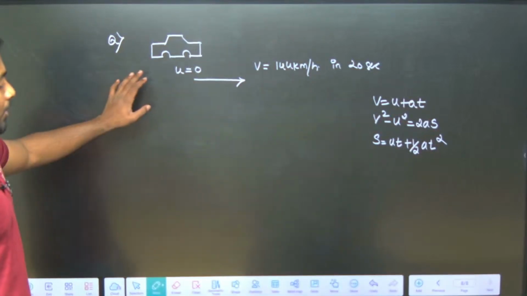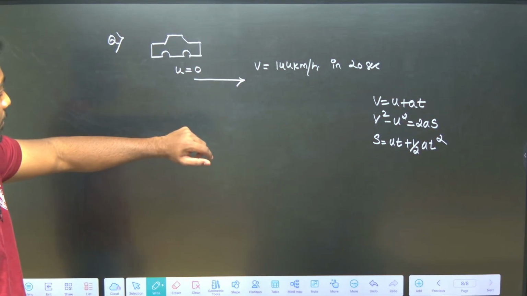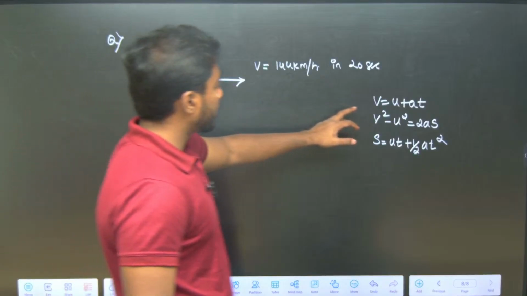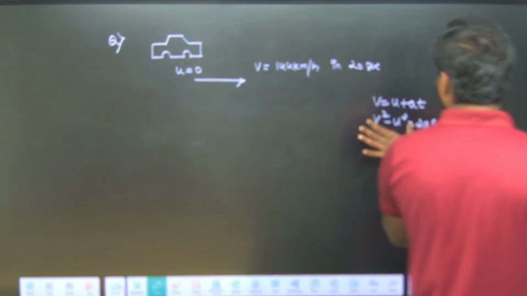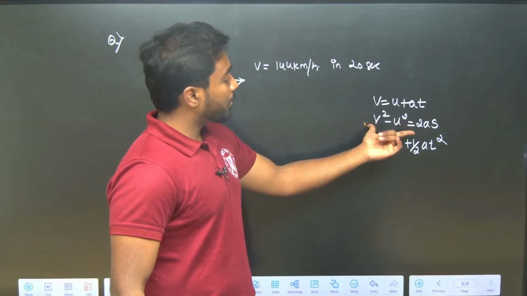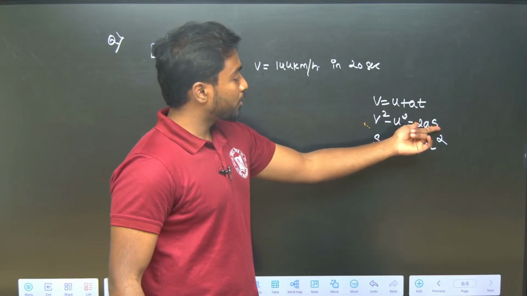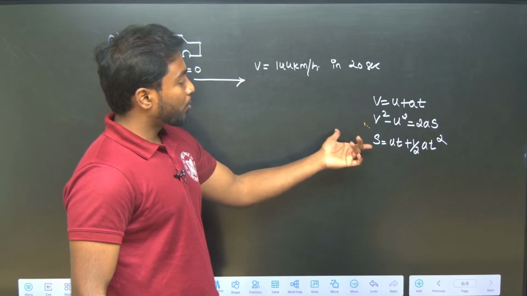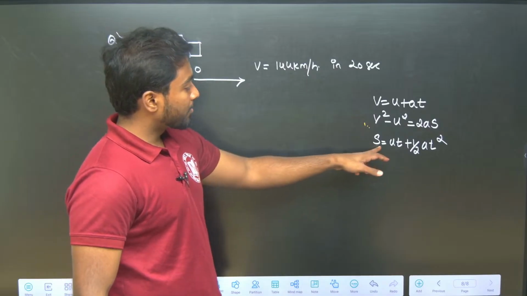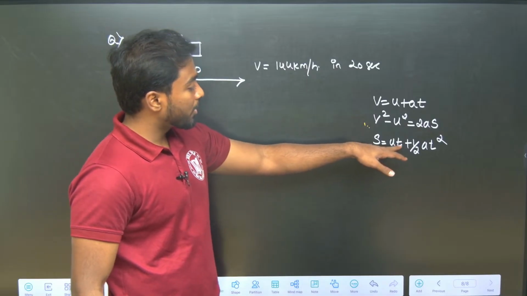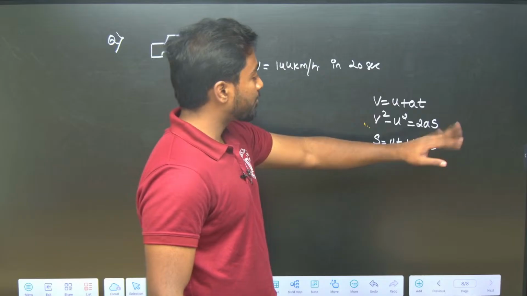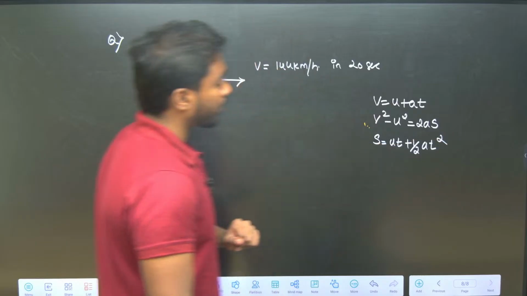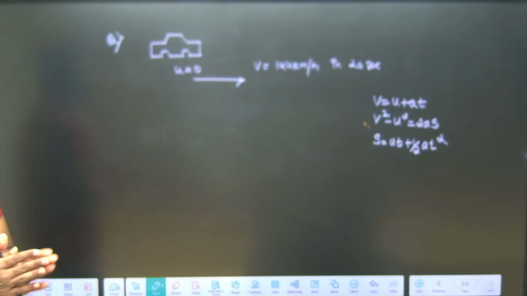So initially at rest 0, then acceleration is constant. They have given the time also, so I can use the time right now. So S is directly proportional to ut plus 1 by 2 at square. So how can I find it?